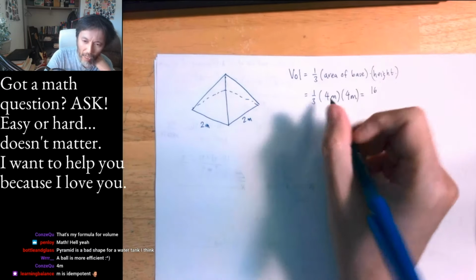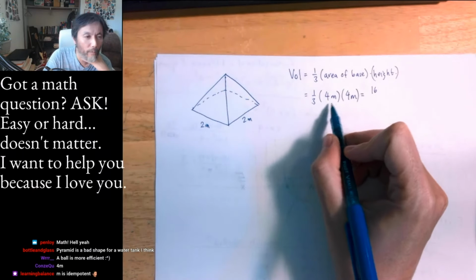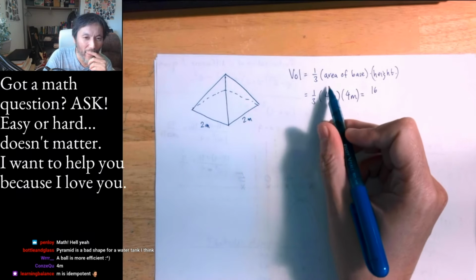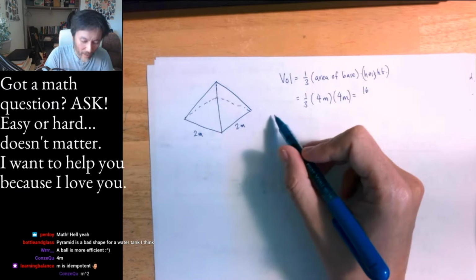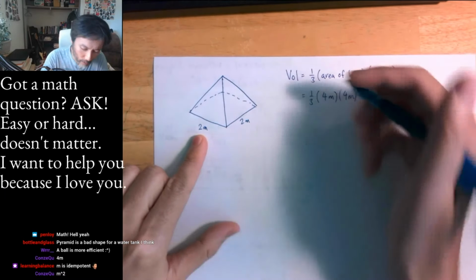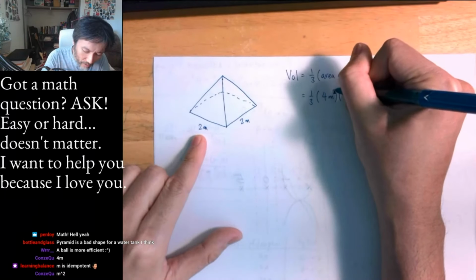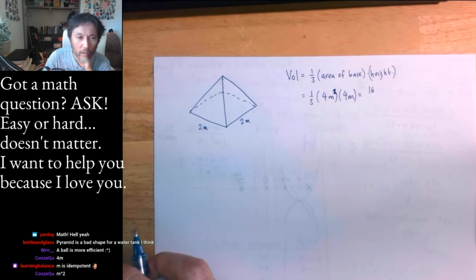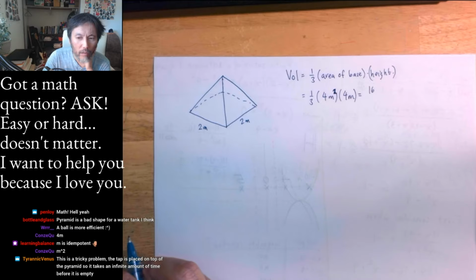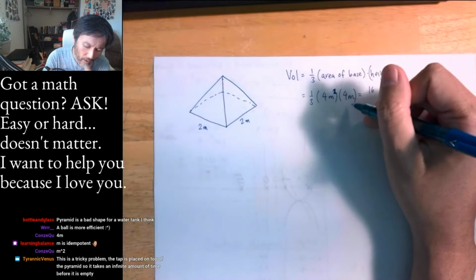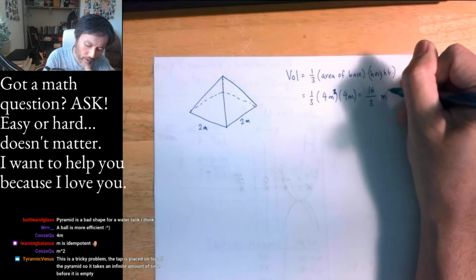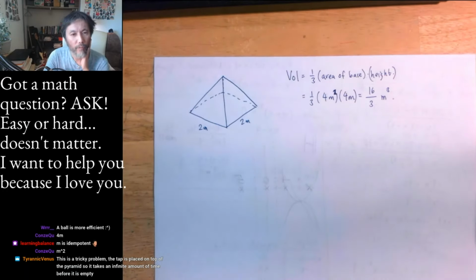Oh, I'm sorry, I messed up. Because the area of the base is 2 meters times 2 meters, so it should be 4 square meters. And then we get 16 over 3 cubic meters. So that's the volume.